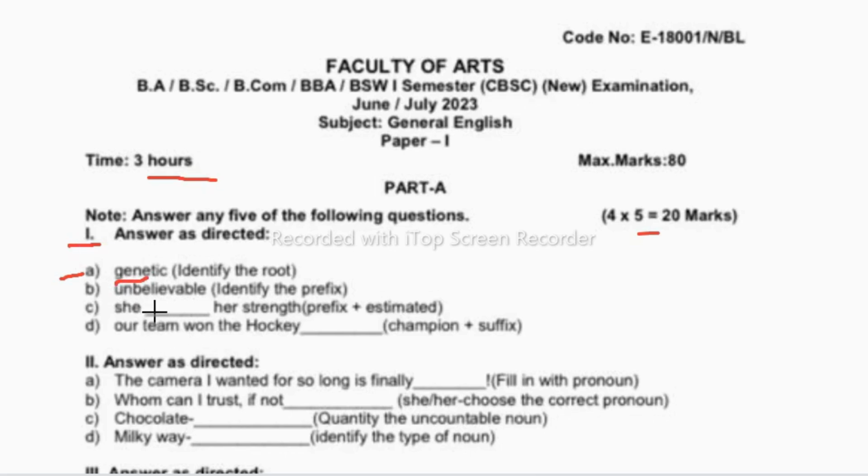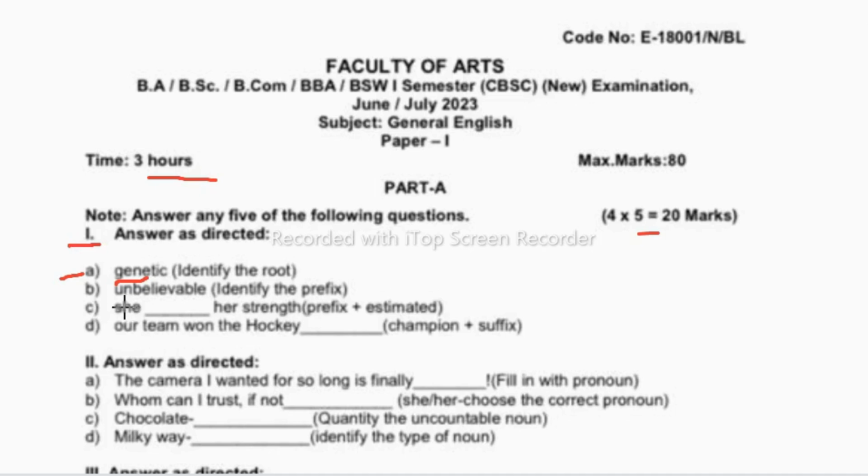Now the next one is 'unbelievable'. Here, identify the prefix. Prefixes are nothing but what come before the root word. Root word is nothing but the word which can stand independently. It doesn't depend on another word to complete its meaning. It gives its own meaning independently. That's called the root word.